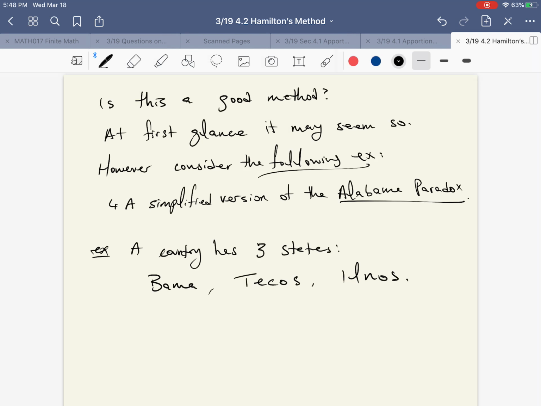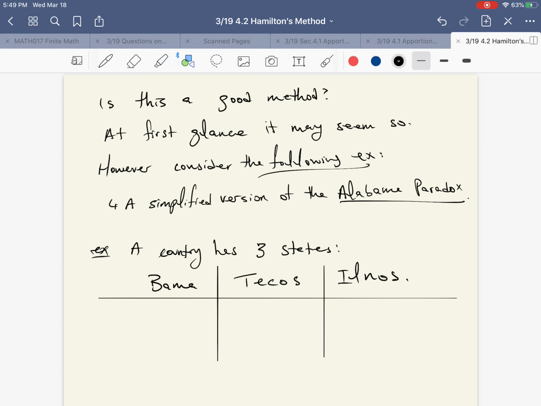They used weird names. It doesn't really matter. We might as well call them A, B, and C, but for now we'll call them Bama, Tecos, and Illinois. Anyway, let's make our little chart kind of similar to how we were doing it before.